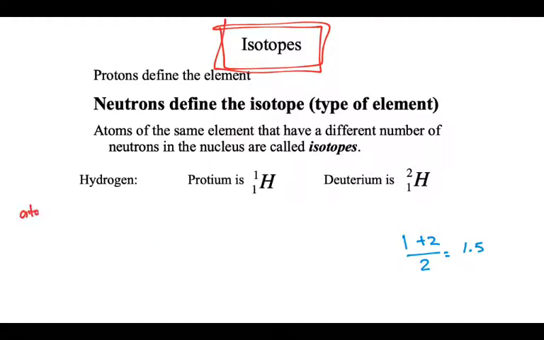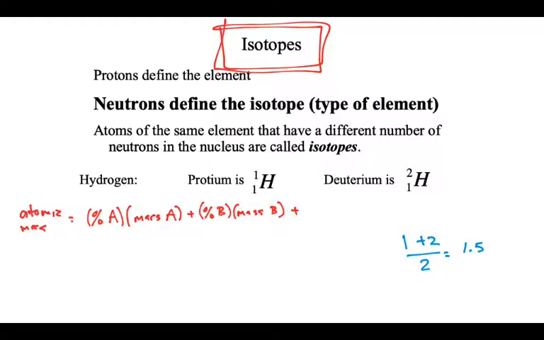So atomic mass would be the percent of our first isotope times the mass of our first isotope. In this case, it was 1 for hydrogen, plus the percent of the next isotope times the mass of that next isotope, plus the mass of the next isotope.